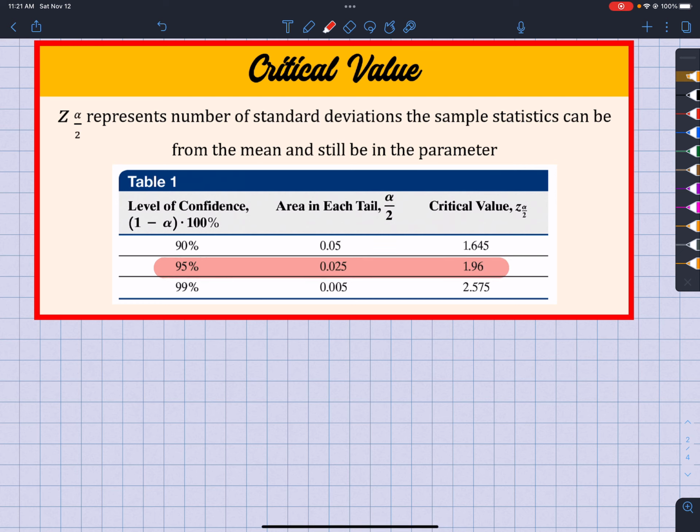Okay, so let's say for the 95%, I got 1.96. The question is, how did I get 1.96? To do that, let's see if I can draw this arrow with a parabola-looking thing here. There we go. If we have a TI, we're going to do inverse norm of 0.025.